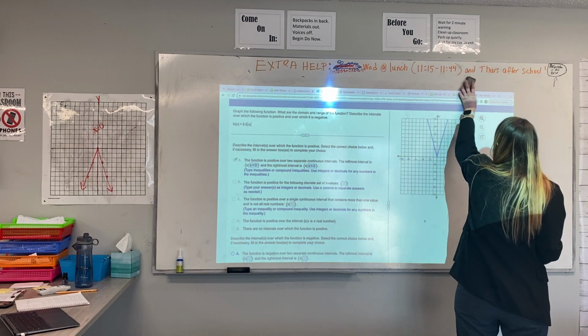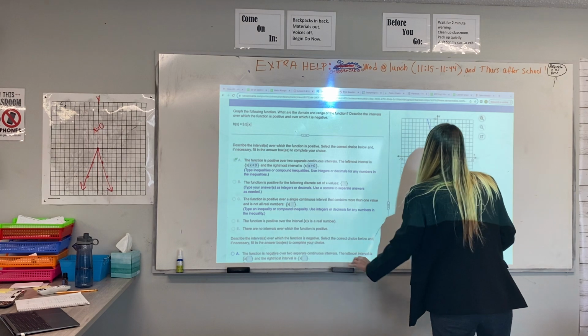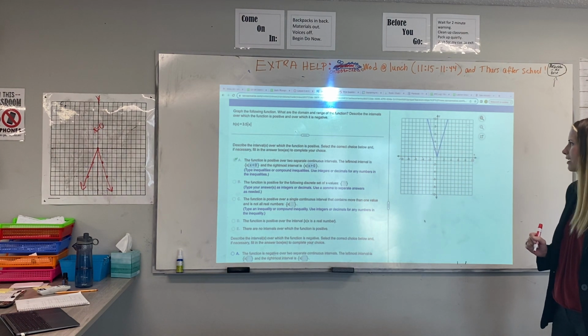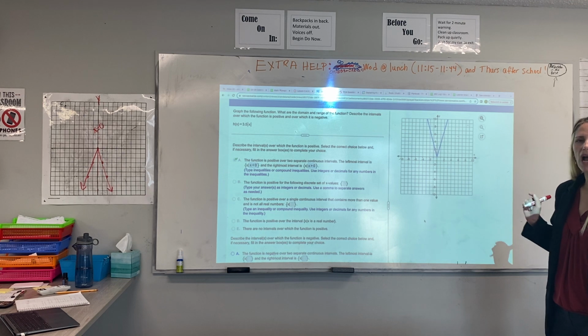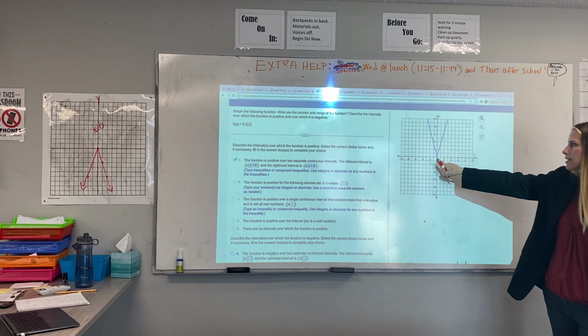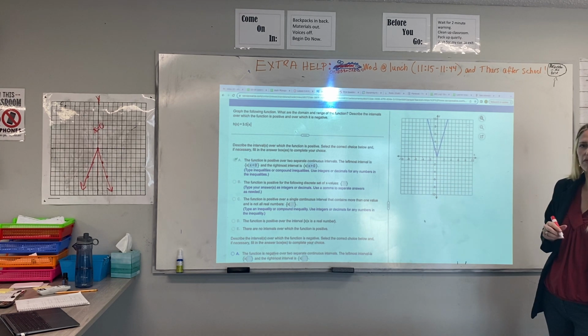Describe the intervals over which the function, meaning the y values, is negative. Tell me what x values allow the y values to be negative. 0 makes it 0, which is neither positive nor negative. Tell me what x values will allow the y values to be negative.